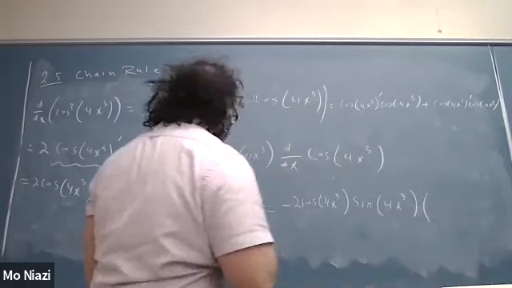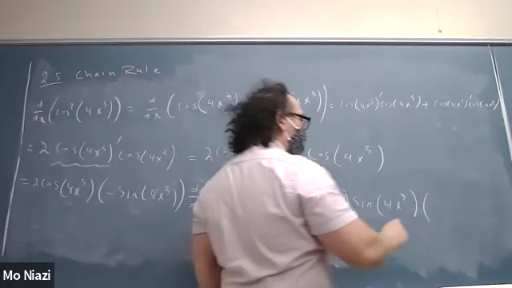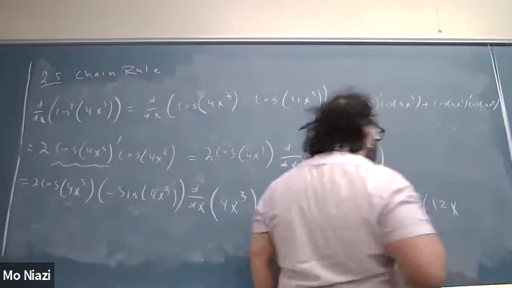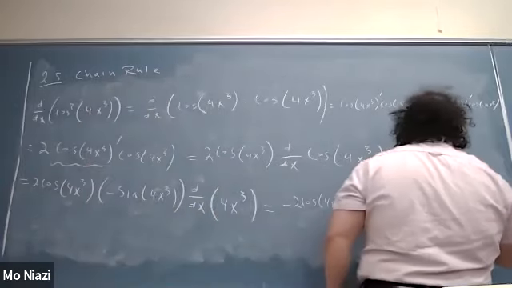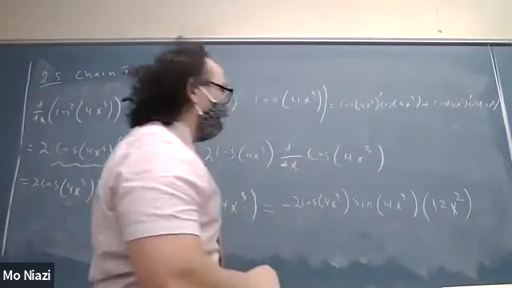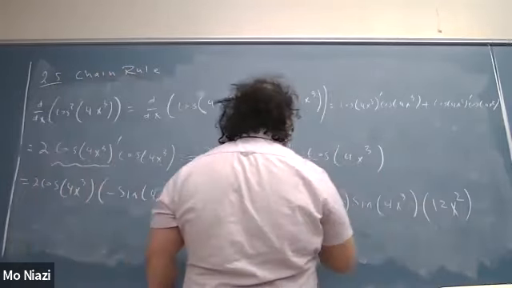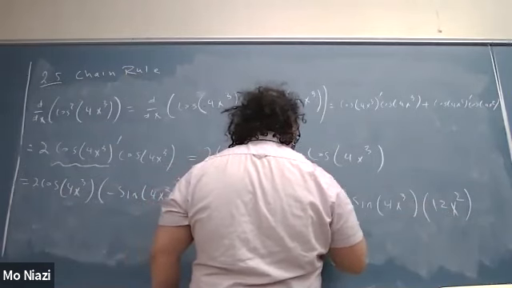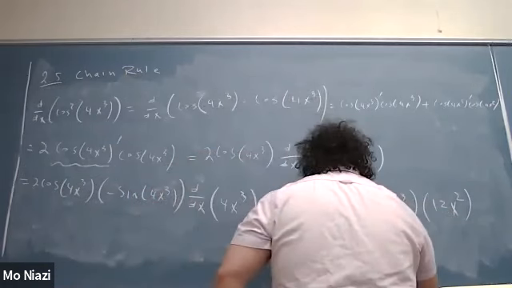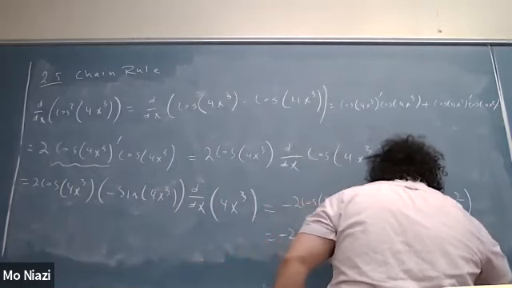What's the derivative of 4x cubed? Well, the 3 comes down to give us 12. And then we subtract that power by 1. So 3 minus 1 is 2. Boom, you're done. You could simplify this further by combining the 12 and that negative 2 to give us negative 24x squared cosine of 4x cubed sine of 4x cubed.